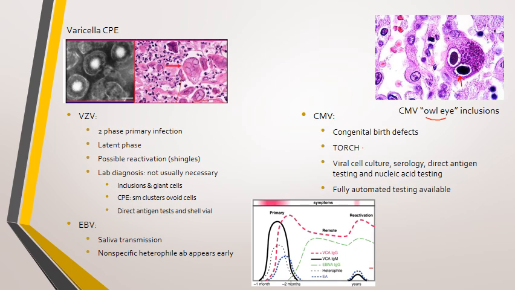Once those infected T cells enter the liver, the spleen, or other organs, you're going to get a second round of viremia. And it's really not until that second round, about 14 days after the initial infection, that you start to develop the rash and the pox.